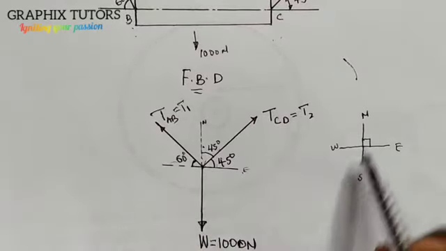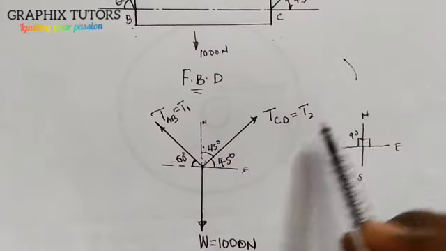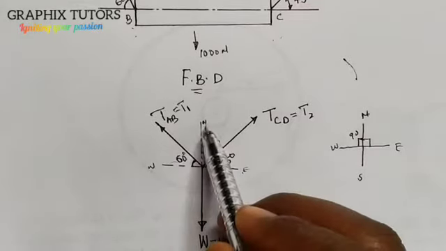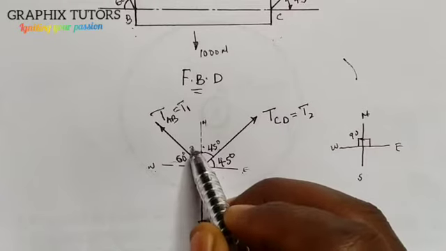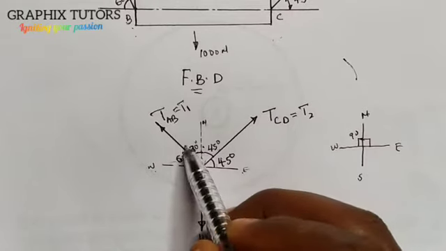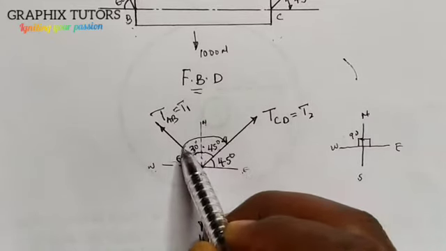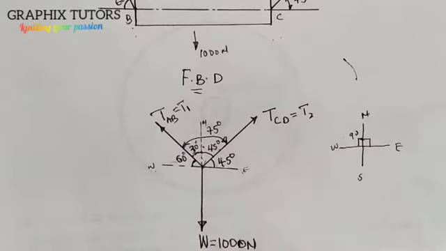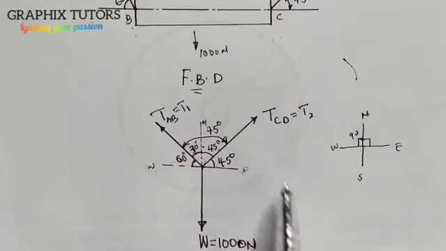And between north and west is another 90 degrees. So 90 minus 60, we have the angle to be 30 degrees. If you sum all this together, 30 plus 45 gives me 75 degrees. So the angle between T1 and T2 is 75 degrees.